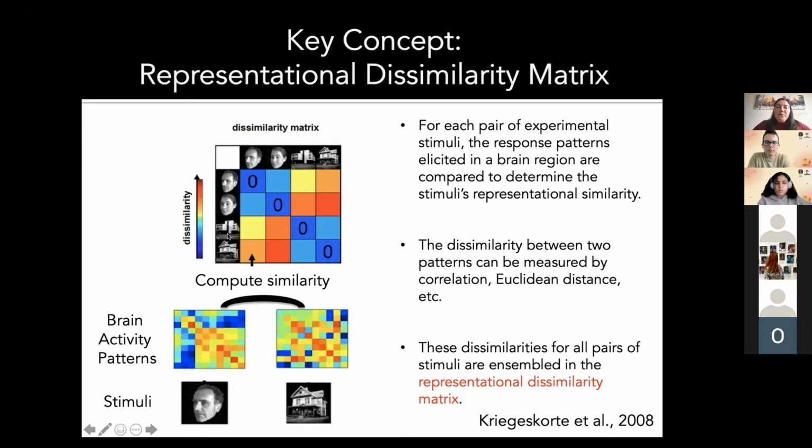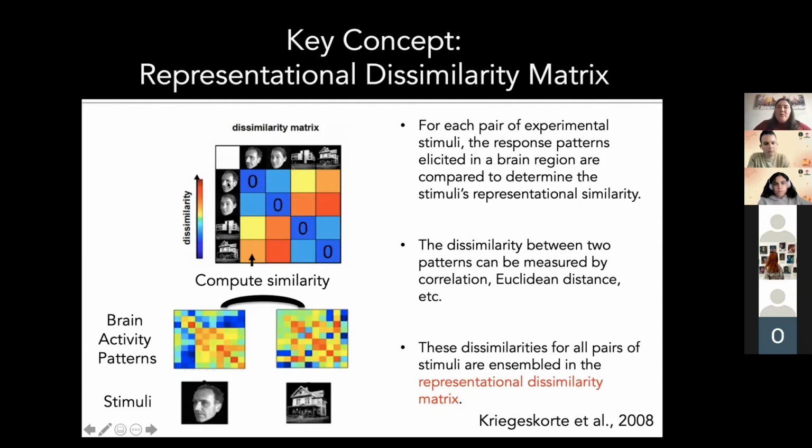And then in the rows and columns of this matrix, you enter the similarity for each stimulus type. You show the stimuli, and then you measure how similar these images are. So for example, if it is reddish, it means that they are dissimilar. If they are bluish, it means that they are very similar.